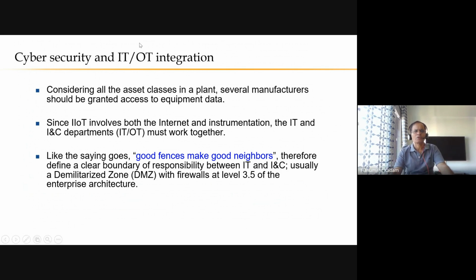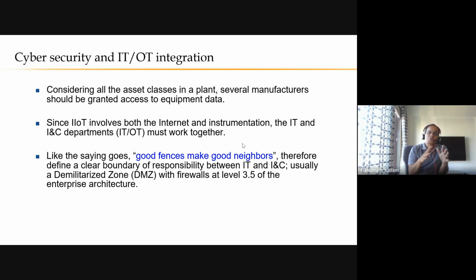So what is cyber security? Considering all the asset classes in the plant, several manufacturers should be granted access to the equipment data. The moment we start giving access to your equipment to various vendors and manufacturers, you always have to take care of the security of the data. Since IIoT involves both the internet and instrumentation, the IT and instrumentation control departments must work together.